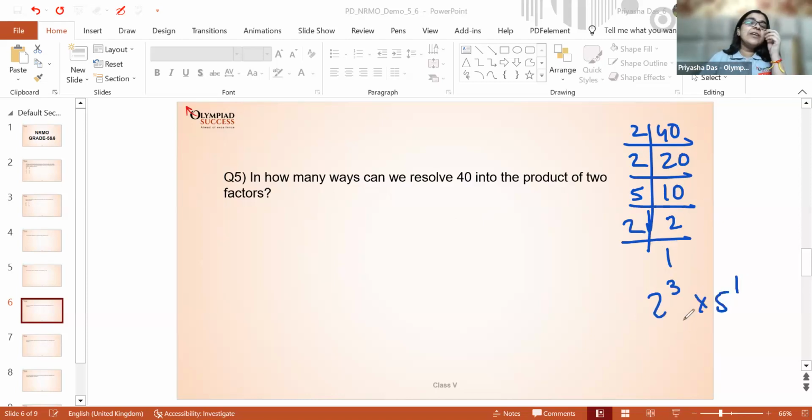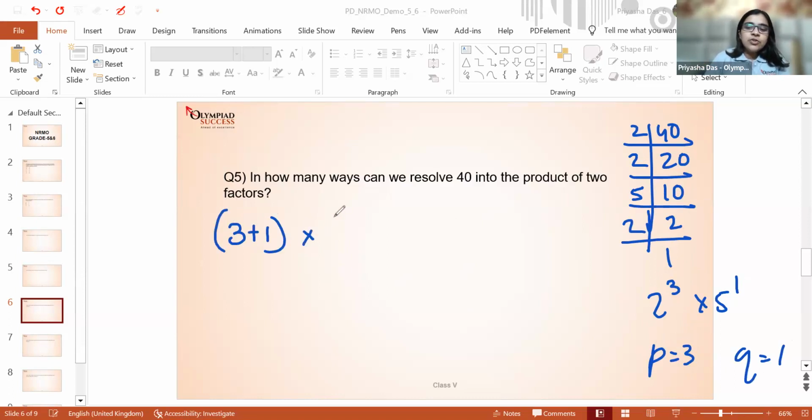What did we do to calculate the number of factors? If P is equal to 3 and Q is equal to 1, we did 3 plus 1 into Q plus 1. Remember? And the Q here is 1. All of you remember?